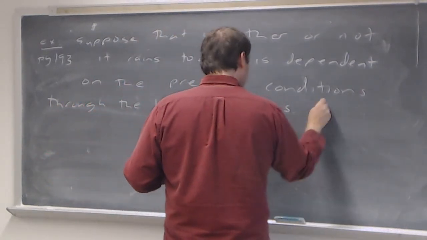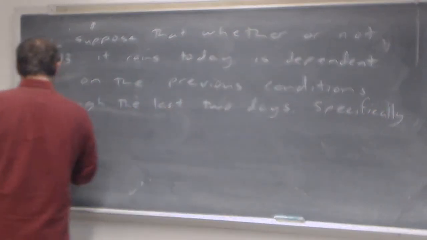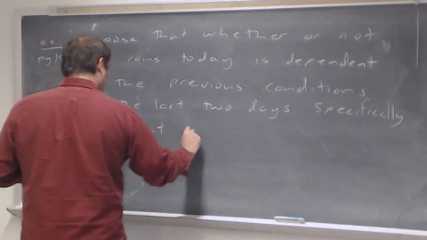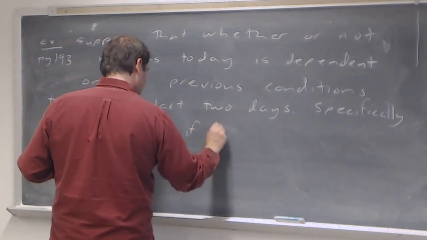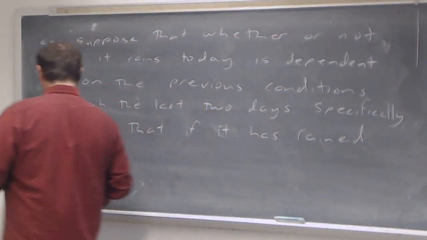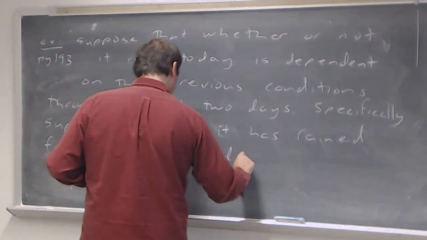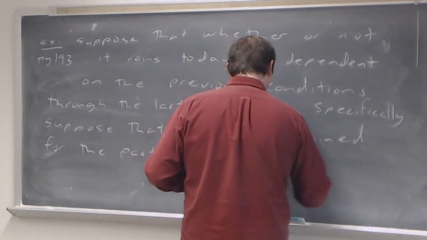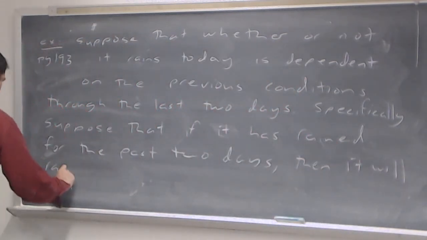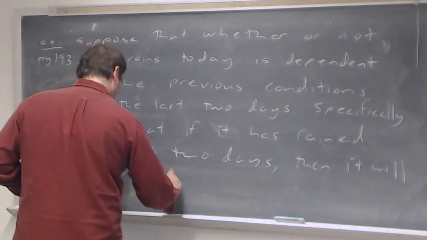Okay. And here's the specific information. Suppose that if it has rained for the past 2 days, then it will rain tomorrow with probability 0.7.